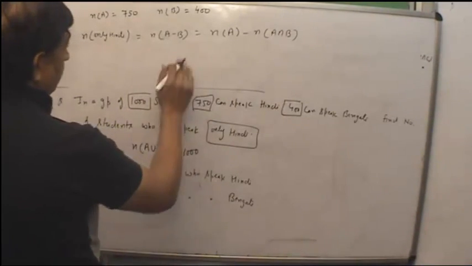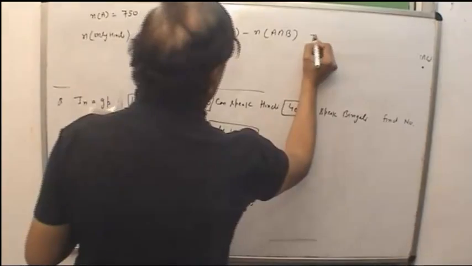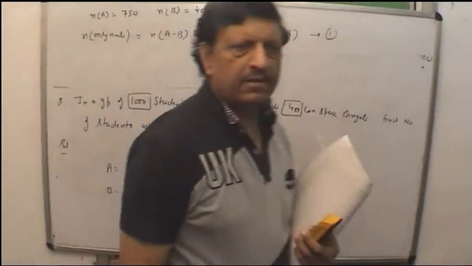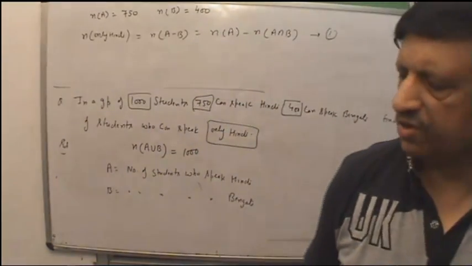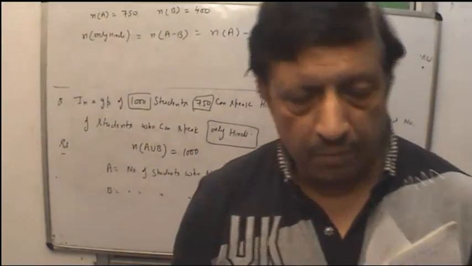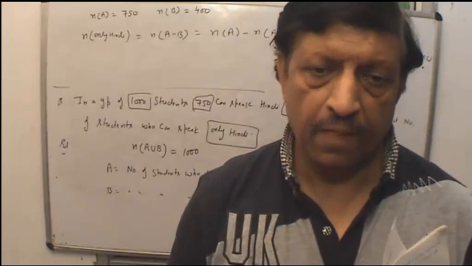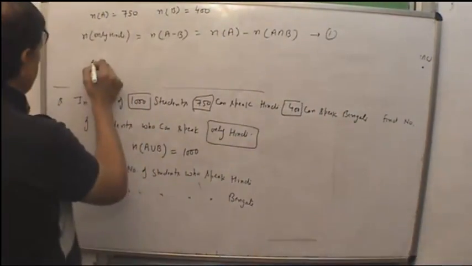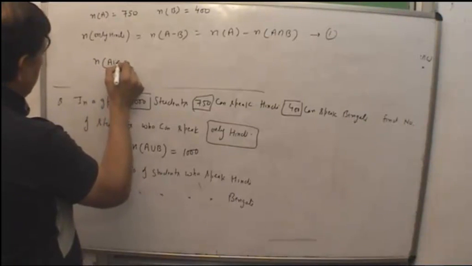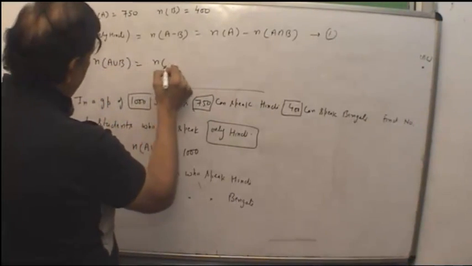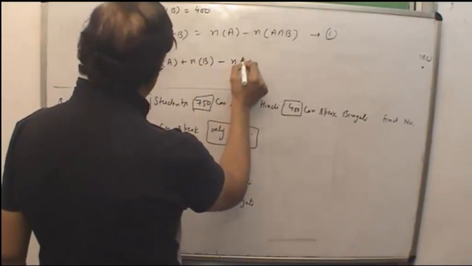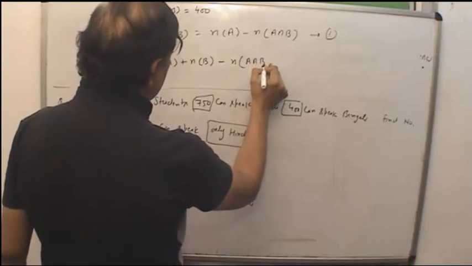Here the problem is we don't have the intersection. Intersection means the number of students who can speak both the languages, Hindi and Bengali, is not given. That can be found with the separate formula: N(A union B) is equal to N(A) plus N(B) minus N(A intersection B).